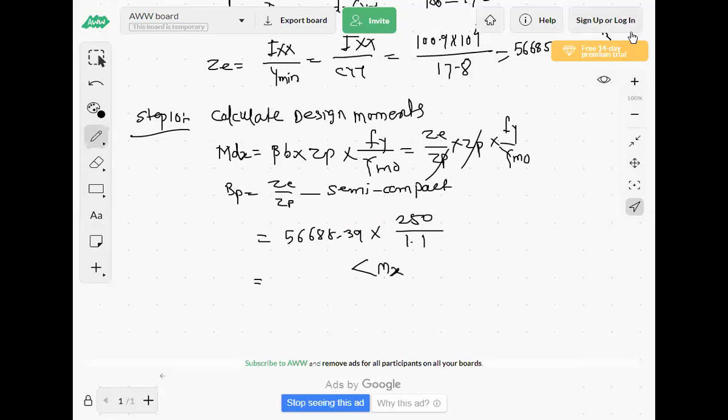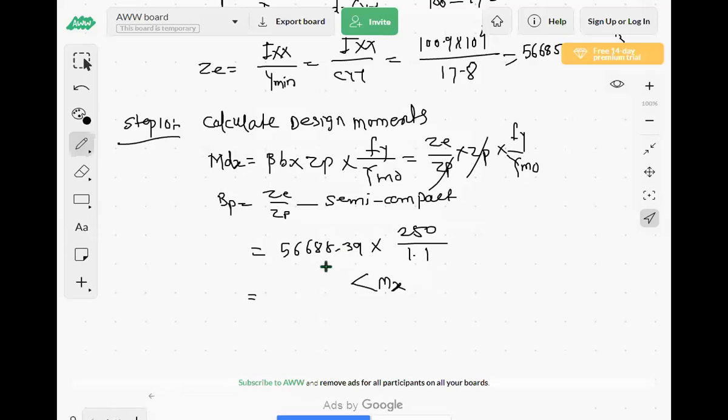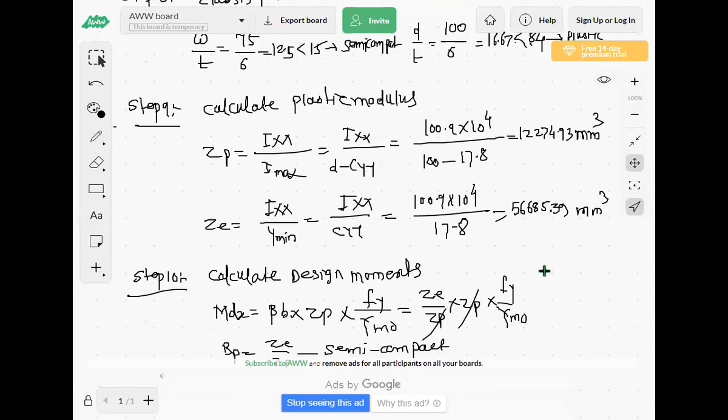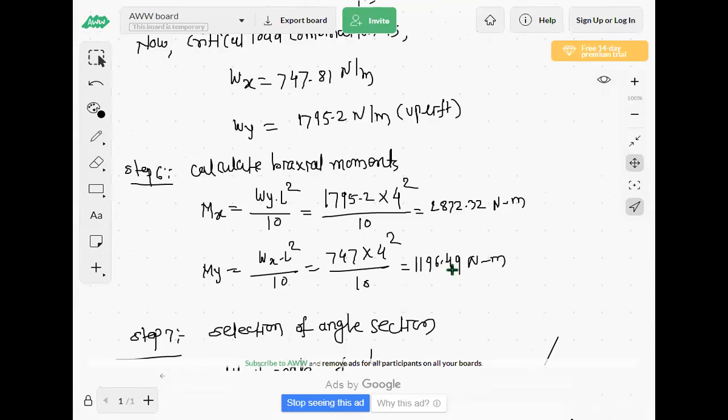Okay, so mdx is 12.88 into 10 raised to 6. And how much mx? So mx is 2.87 into 10 raised to 6, I think.